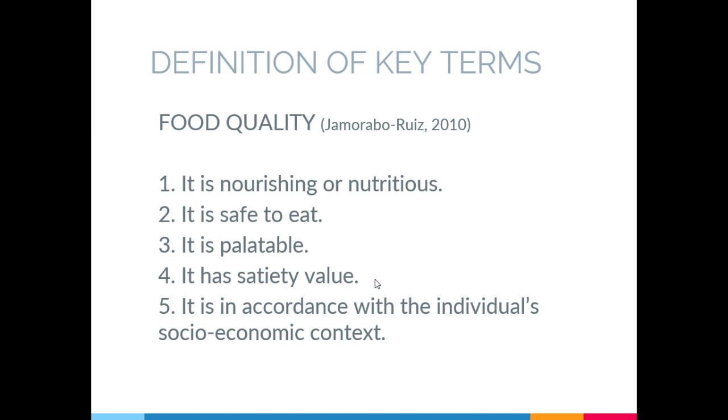And last but not the least, it is in accordance with the individual socio-economic context. It aligns with your culture, it aligns with your religion, okay? It aligns with your food preferences. It aligns also with your socio-economic status, your financial resources. Okay? Yeah, 'di ba? Dili man for example kung SDA ta or kung Muslim ta, di man gyud nato ma-consider nga food ang pork kay mao man ang naa sa atong religion, 'di ba?